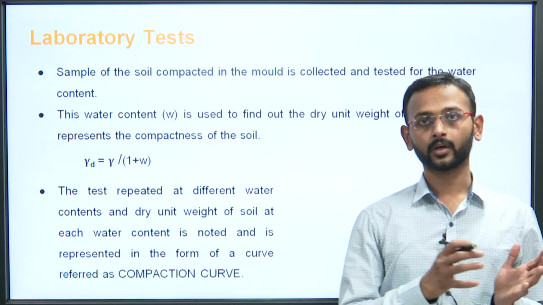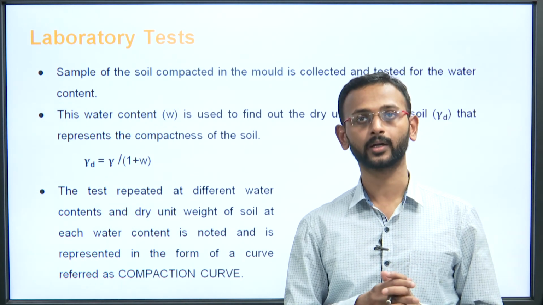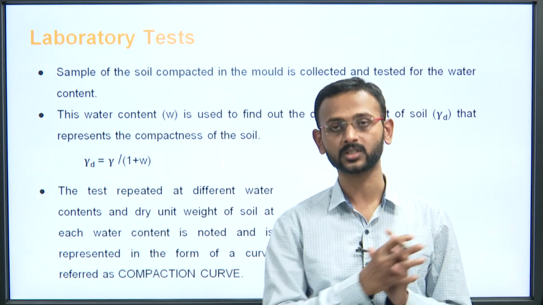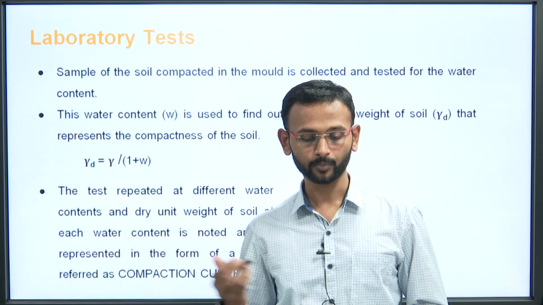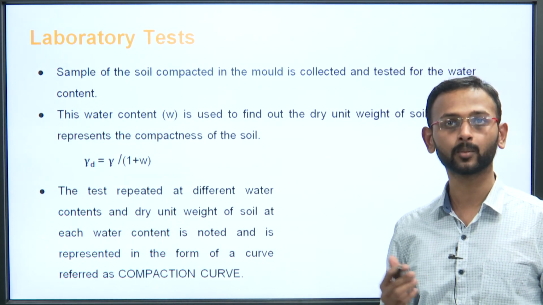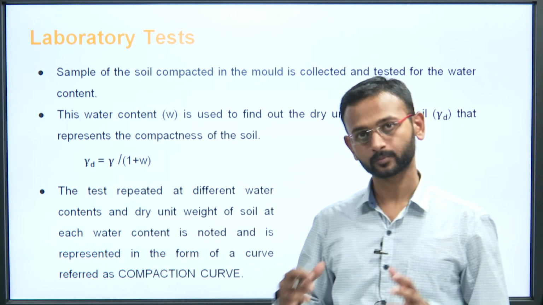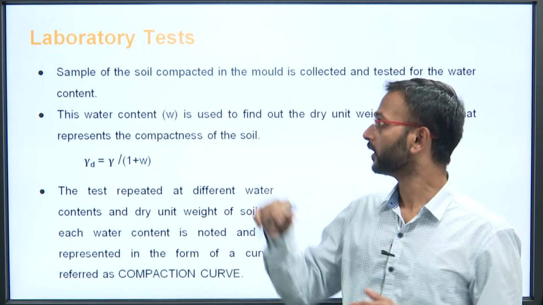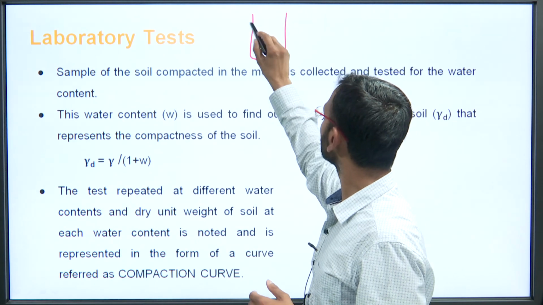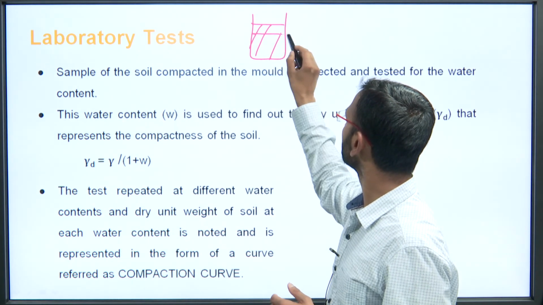Now after you have used the mold and compacted by the process we have already discussed, the sample of the soil compacted in the mold is collected and tested for the water content. So you have compacted the soil in the mold in, let us say, 3 layers.